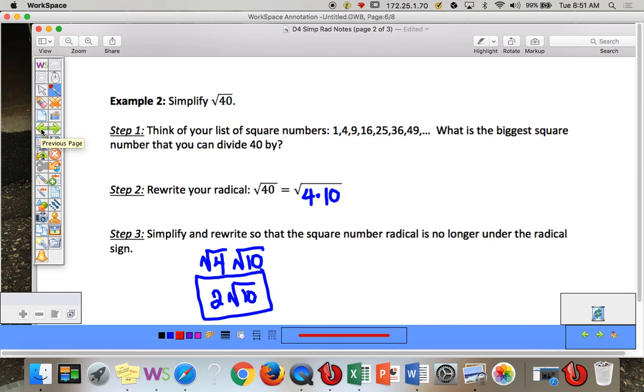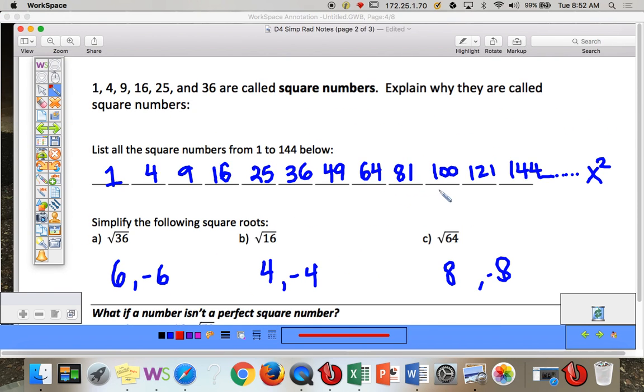So again, when you're testing your square numbers, you can only divide by all the numbers less than that. All right, so let's try this.